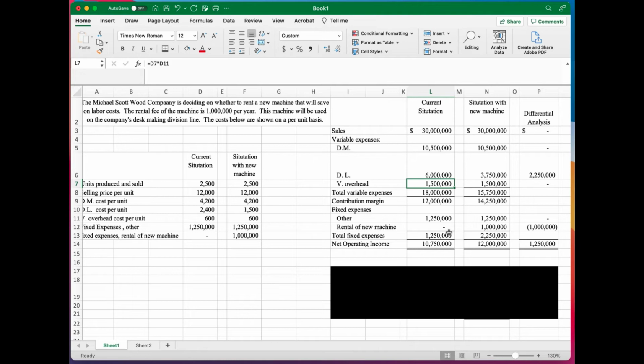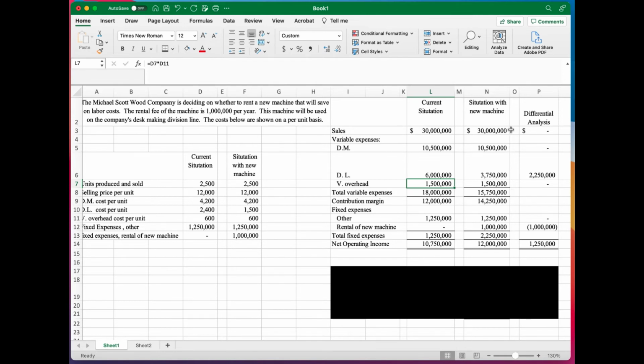However, if I change my production process, which is alternative situation 2, I see that my rental of new machine is $1 million. That is a relevant cost. It was 0, now it's $1 million. It's relevant, okay?